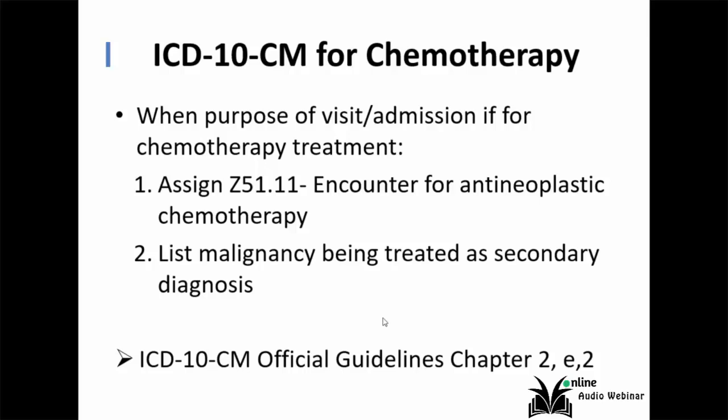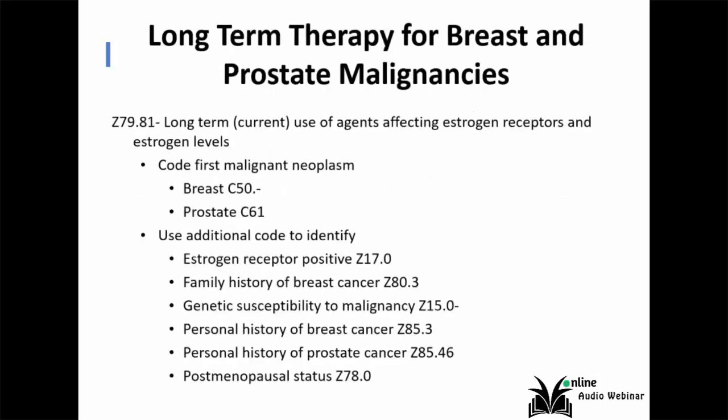Another guideline in those guidelines for ICD-10 tell us that when a patient is coming in and the purpose for their visit or admission is for chemotherapy, we should be assigning the Z51.11 category of codes for encounter for anti-neoplastic chemotherapy, then followed by the malignancy as a secondary diagnosis. The last thing that we want to mention is the long-term therapy for breast or prostate malignancies.